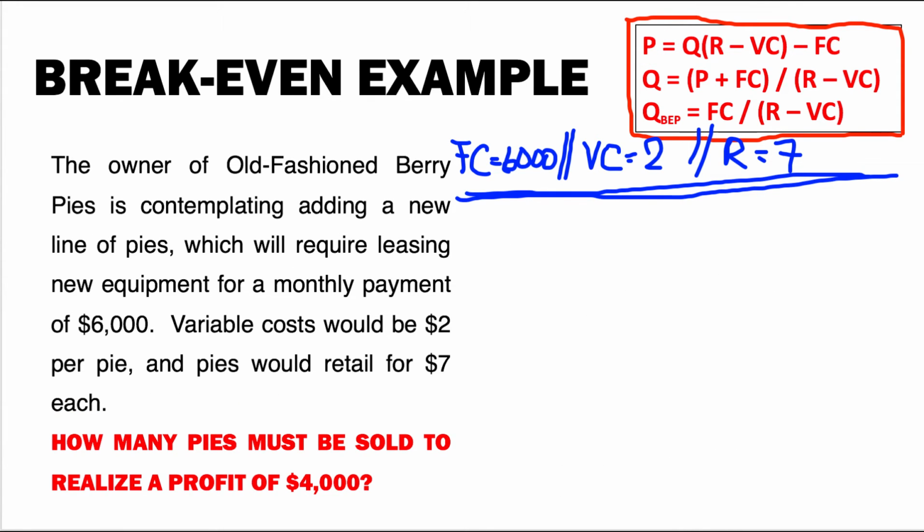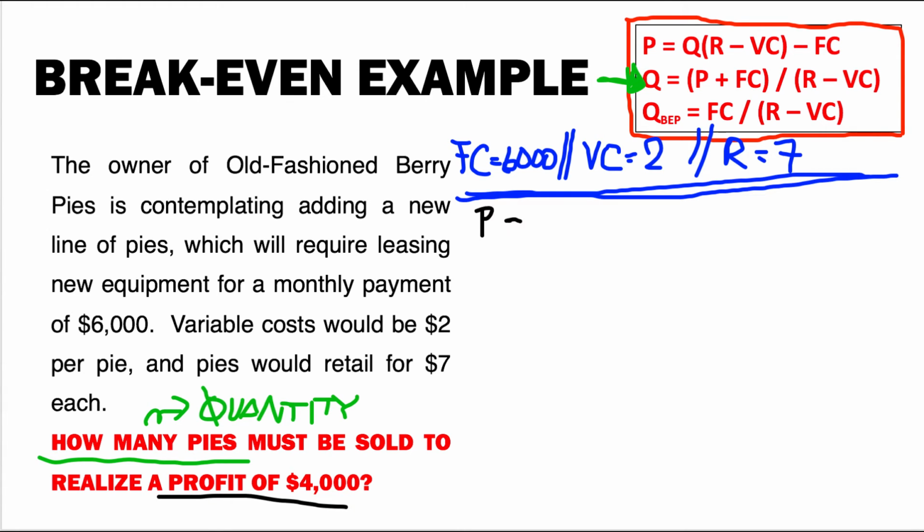The next question, how many pies must be sold to realize a profit of $4,000? How many pies means we're dealing with quantity. This time we don't see any reference to a break-even point, so we're solving for Q, which is this formula. And then it's the same drill as before, with profit being $4,000. So P equals 4,000.